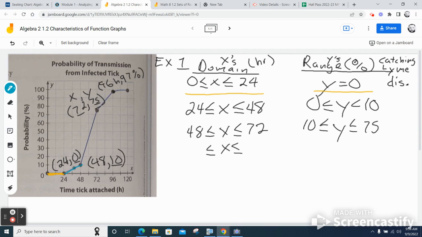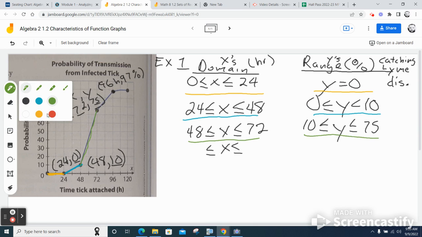This section from here to here is this stuff. This section from here to here is this stuff. Okay? And now we're moving on to this section from here to here. And that's going to be the stuff we're going to write down now.